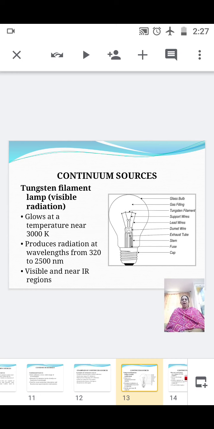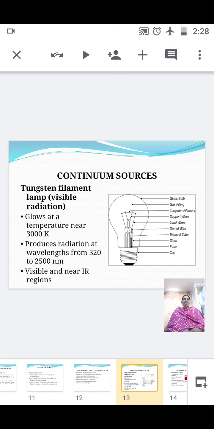The envelope is fabricated of quartz to tolerate very high temperatures of about 3500 degrees Kelvin. The iodine combines chemically at the bulb wall with sublimed tungsten. The resulting WI2, that is tungsten iodine gas, migrates back to the hot filament where it decomposes and tungsten is redeposited.